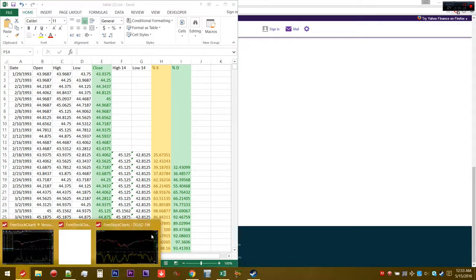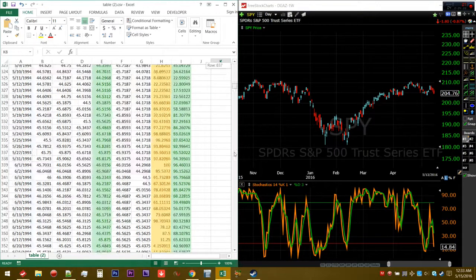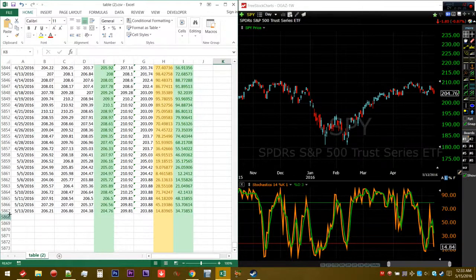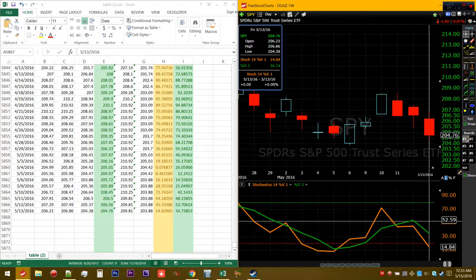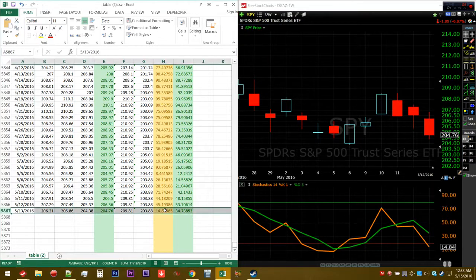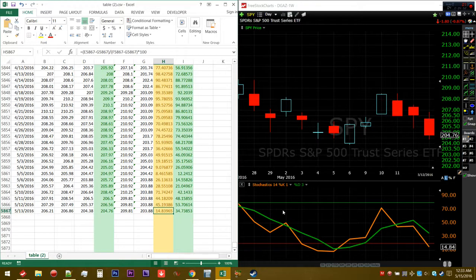Let's go back to the charting software and check our work. Okay, on 5/13/2016, which is Friday the 13th, the %K, which is this yellow line, I tried to color match so it's a little bit more intuitive, had a value of 14.8396, so essentially 14.84.